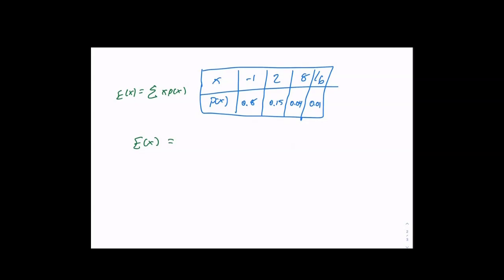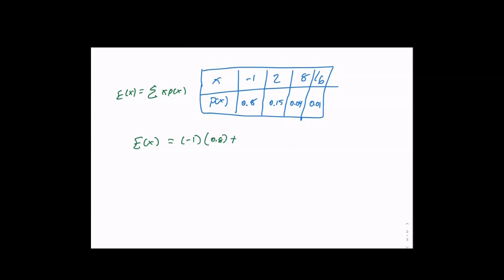So what's the first outcome? -1. So it'll be -1, and I'm going to multiply that by its probability, 0.8.